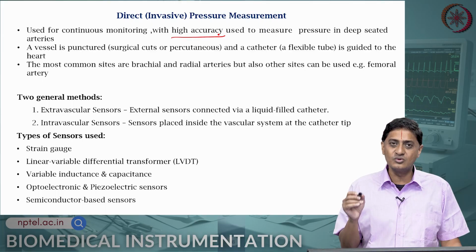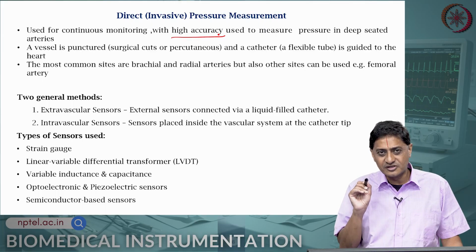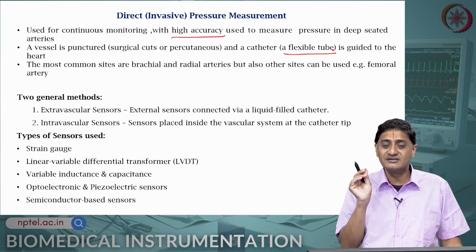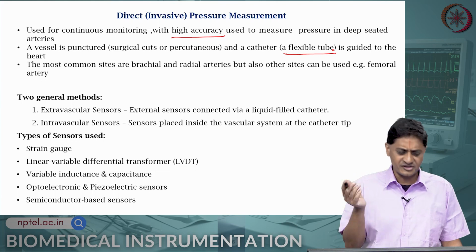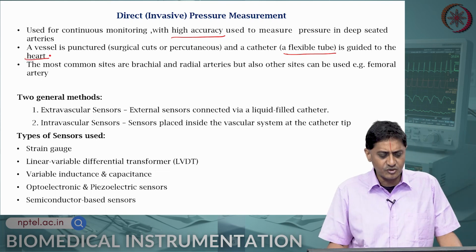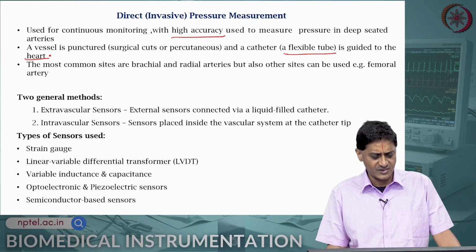So, essentially you puncture a vessel, you perform a surgical cut and you introduce a catheter. What is a catheter? A catheter is a flexible tube that is guided to the location of interest. In this case, the location of interest is marked as the heart. The most common sites are the brachial and the radial arteries, but sometimes the femoral artery is also used.